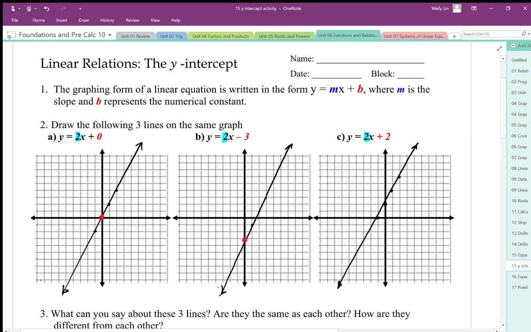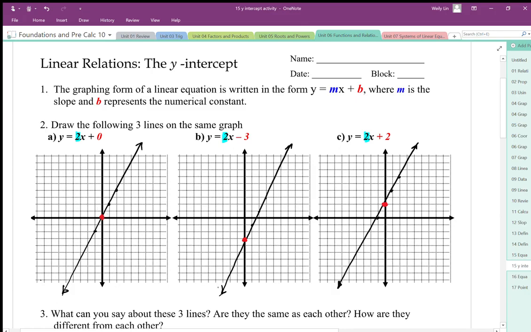And when we have 2x plus 2, when we plug in x is 0, y equals 2, so it represents this point here on the y-axis. So the numerical constant is really the value that's left over when we plug x is 0 into our equations, and it represents our y-intercept.